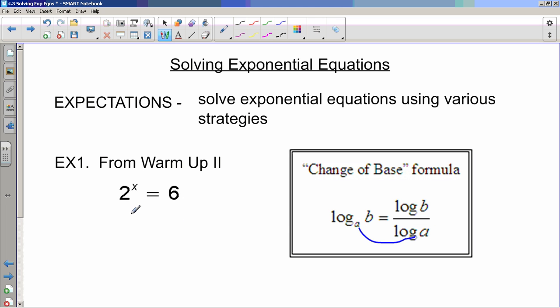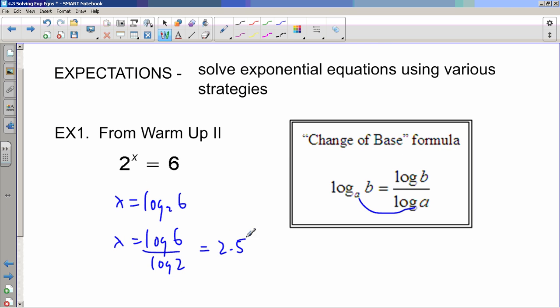And so here, if I wanted to do this question, 2 to the exponent x, we did that already. And we know that x is equal to the log base 2 of 6, but we also saw that it's equal to the log of 6 over the log of 2. This is the same question that we just did, and so I can do this really, really quickly on my calculator.